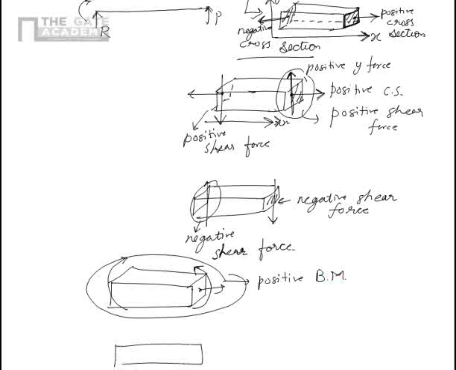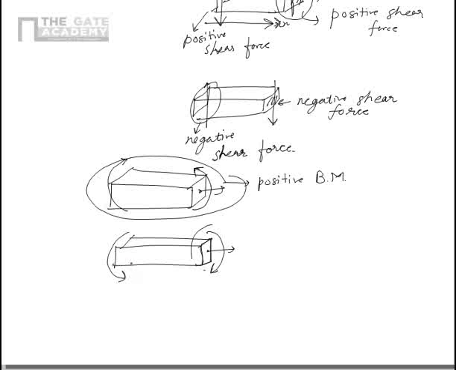And of course the converse is true for negative bending moment. So the negative bending moment bends the positive cross section clockwise, this is clockwise bending, and it bends the negative cross section anti-clockwise. So this is negative bending moment.